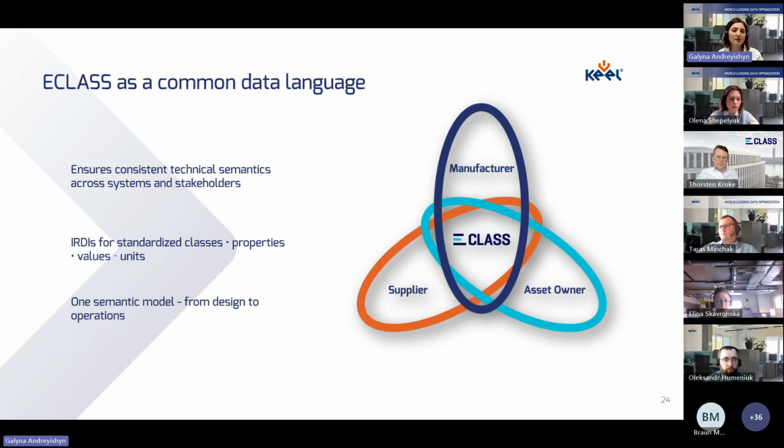If manufacturers, suppliers, and asset owners all use the same standard, data can move seamlessly across systems without reinterpretation, manual mapping, or semantic conflicts. That enables true interoperability between engineering, procurement, and operations.